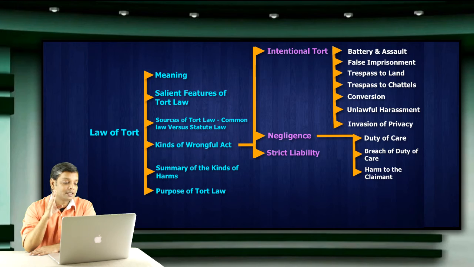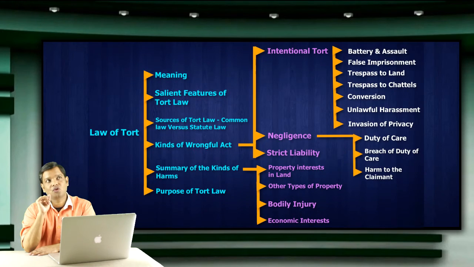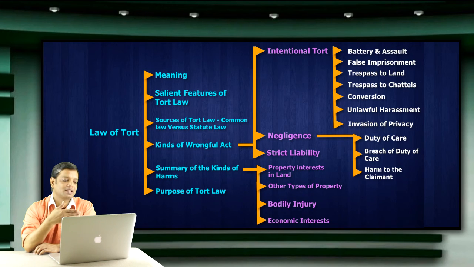The next main heading is summary of the kinds of harms. Here we have some further categories again. What are the kinds of harms suffered? Basically it could be harm to your property, means your property is damaged. It could be any type of property. Maybe it is fixed, immovable property.